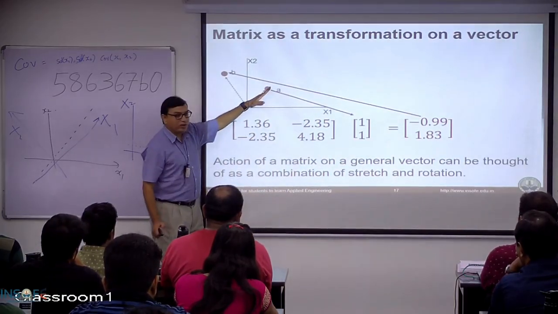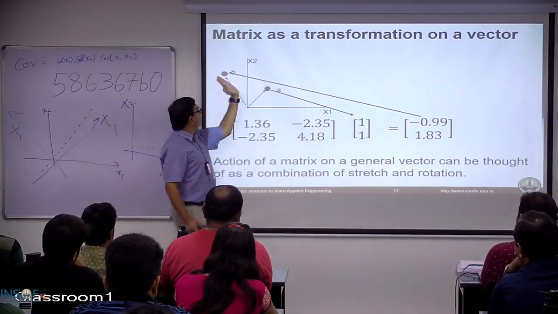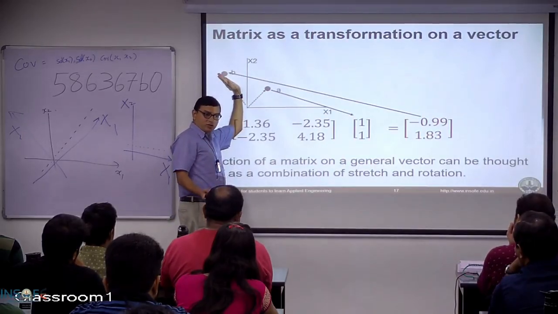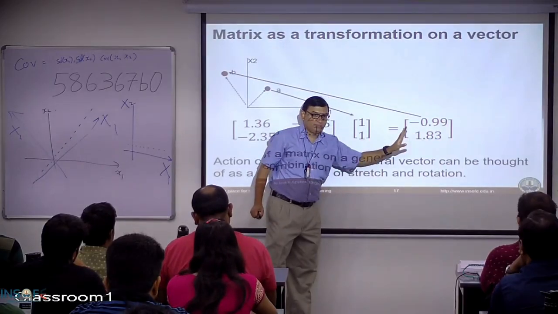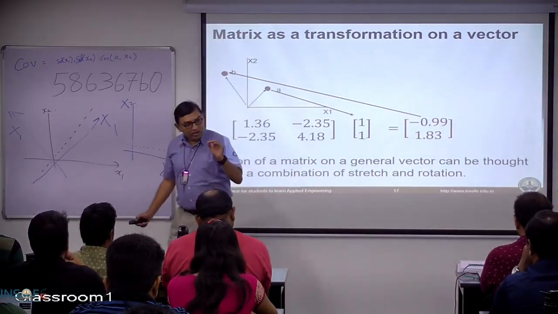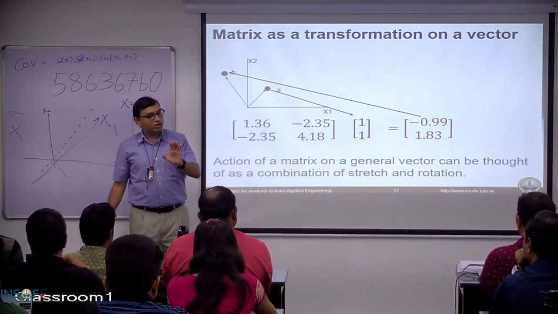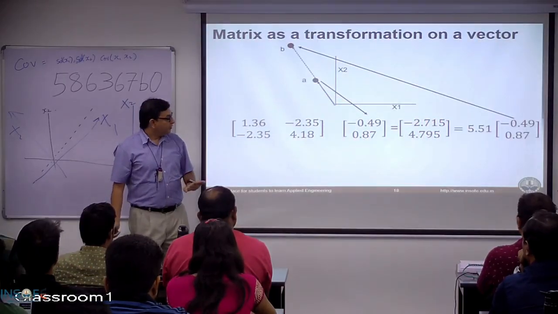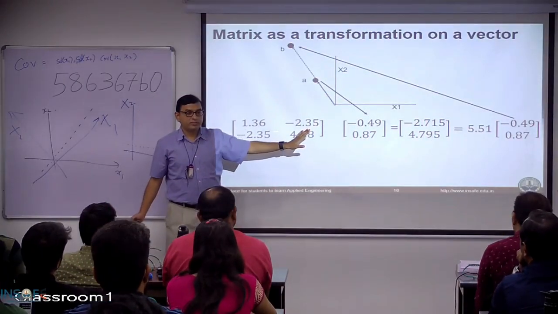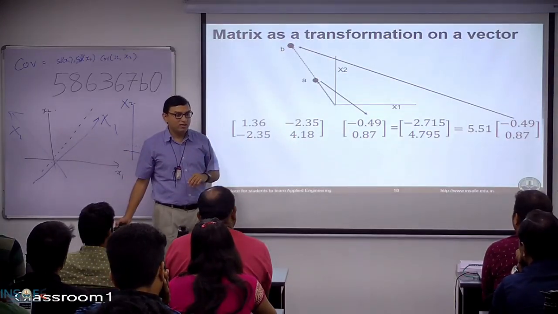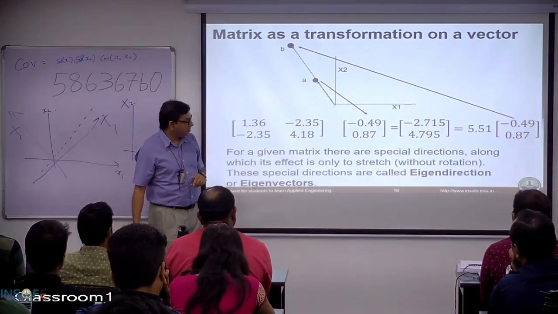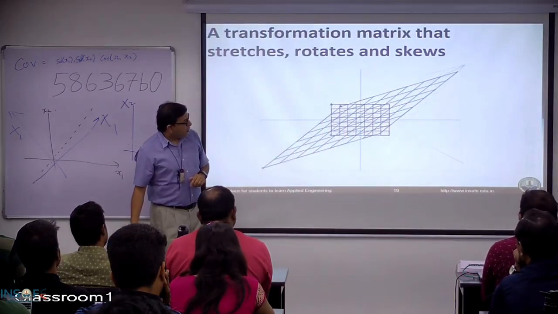This was the vector. The transformation changed it to this. It's not the same direction, which is why you can't write it as a scalar times that original vector. It can work only for some special directions, and that's why those directions are special, and they are eigendirections or eigenvectors. Okay?